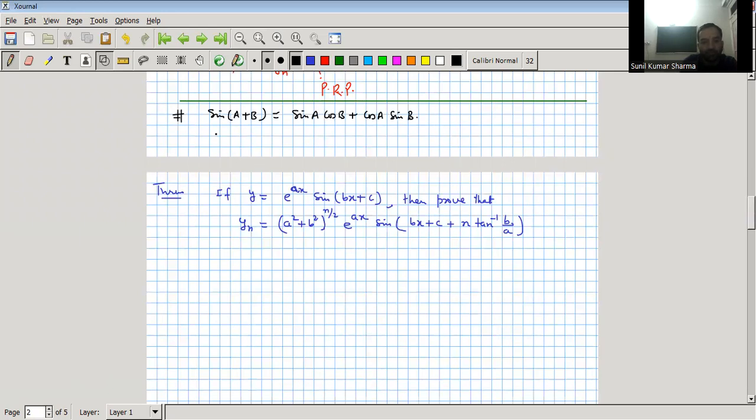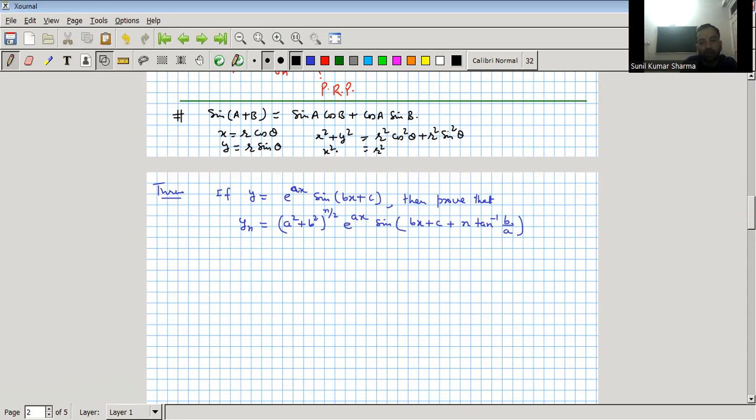We also use, in parametric form, if I take x equal to r cos theta and y equal to r sin theta, then if we square both and add, x square plus y square gives r square cos square theta plus r square sin square theta, which is r square times cos square theta plus sin square theta, that is 1.